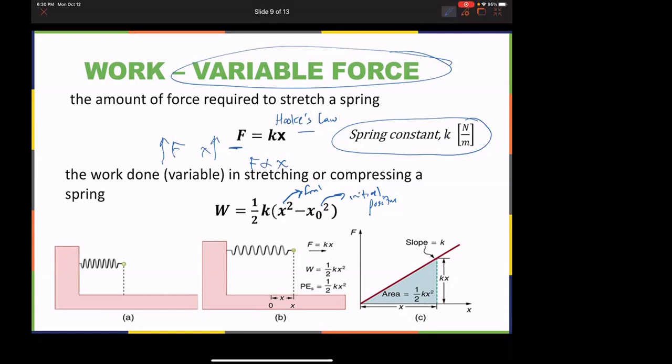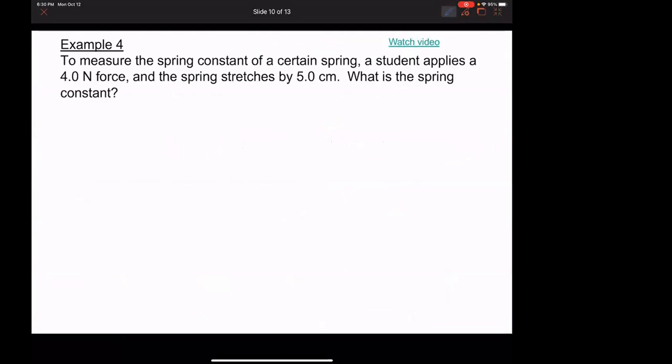So if we look at one of these problems: to measure the spring constant of a certain spring, a student applies a 4 newton force and the spring stretches by 5 centimeters. What's the spring constant? We have the distance, 5 centimeters, which is 0.05 meters. So F equals kx.